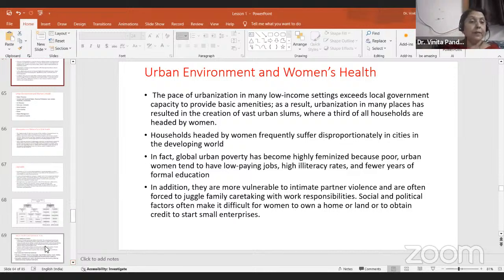Now, when we discuss urban environment and women's health, because see, the rural environment, geographical, natural, social, cultural environment is different when compared to urban areas. The speed of urbanization is very, very high. So when the pace of urbanization increases, rural to urban migration increases. And when this rural to urban migration is increasing, then there is tremendous pressure on the local government hospitals.